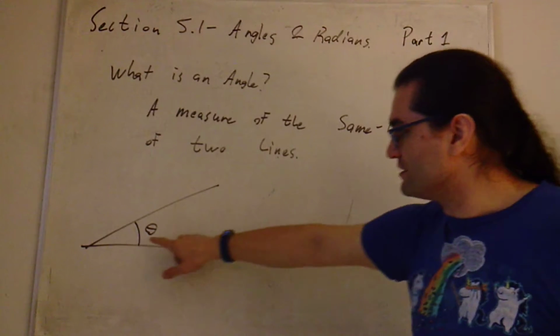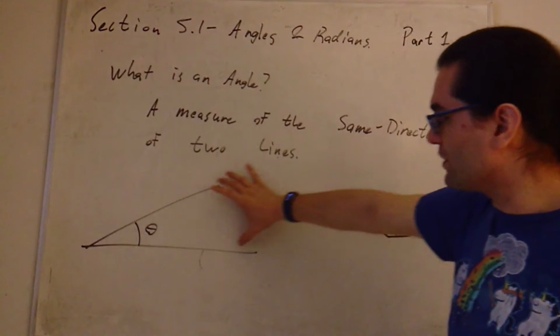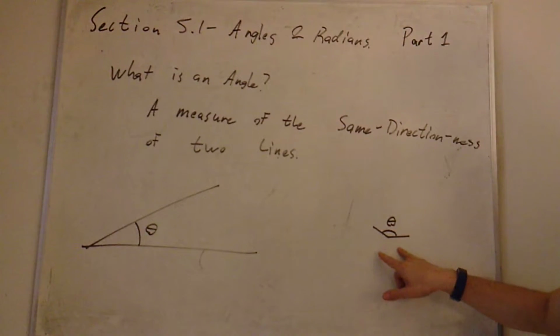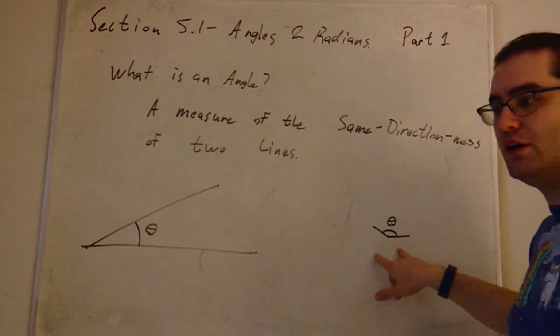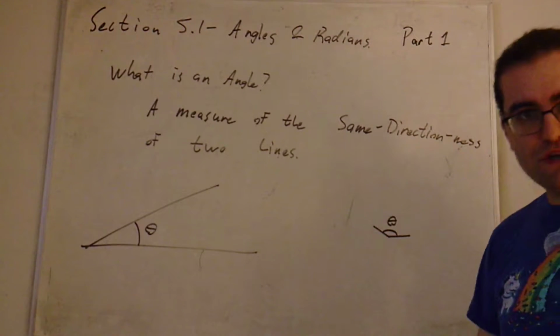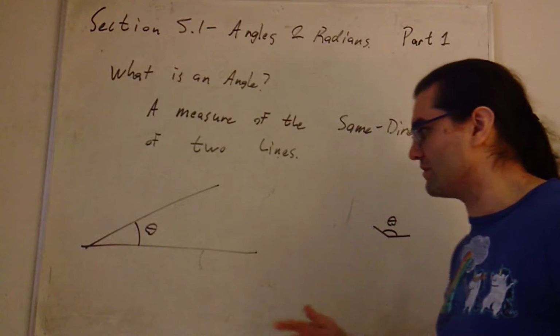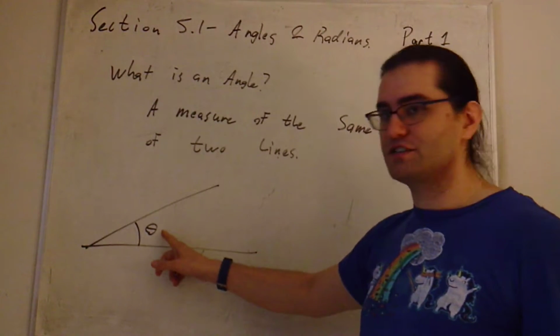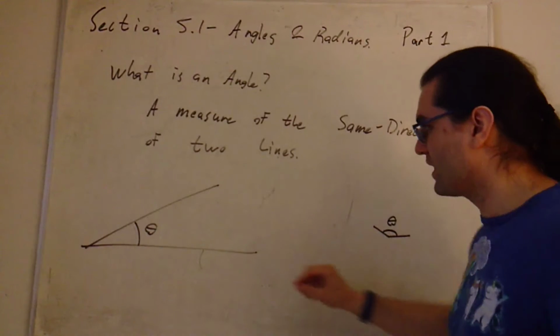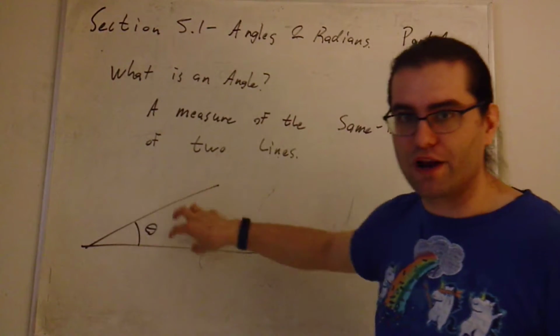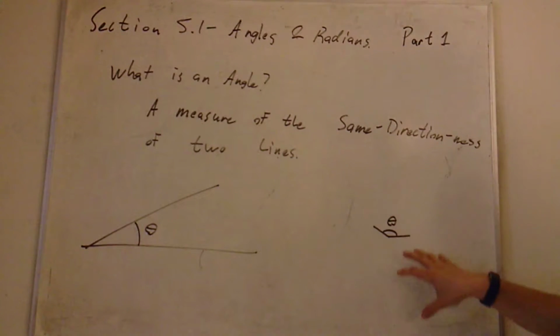This is a small angle drawn with really big lines. This is a big angle drawn with really small lines. Whatever words we use to describe what the angle is and what it means has to take into account the fact that this is a smaller angle than this, even though this has more distance, more length, more space, more area than this.